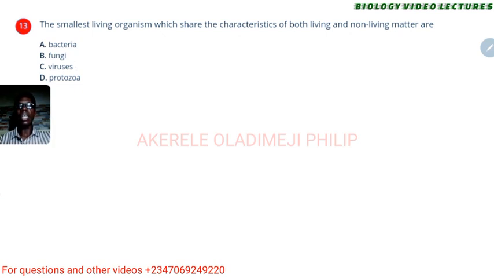So the answer is viruses, which is option C. When they are kept in a living thing, they exhibit the major characteristics of living things, and when they are brought out, they stop living. They assume a crystalline kind of shape. All right.